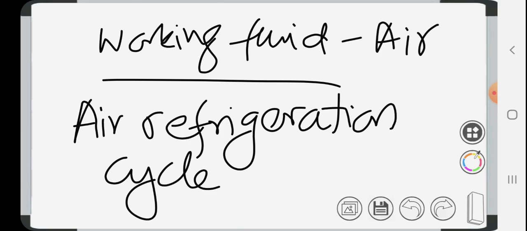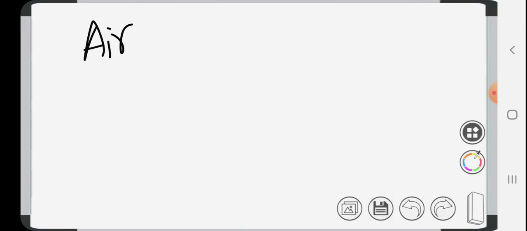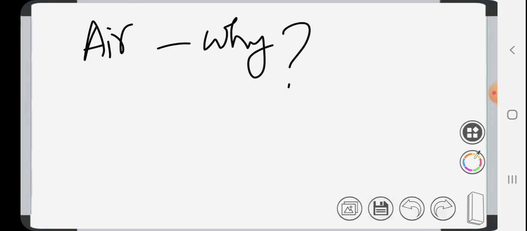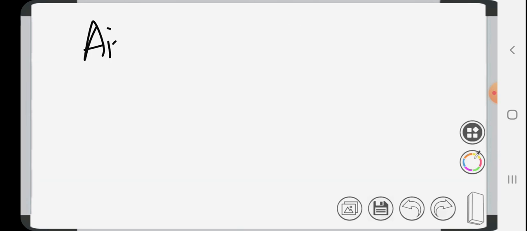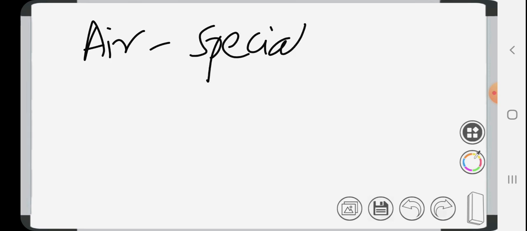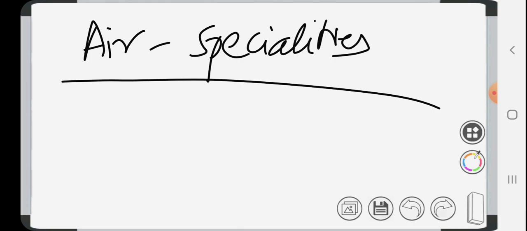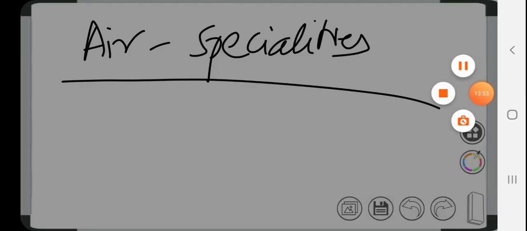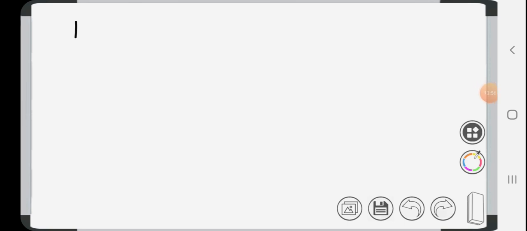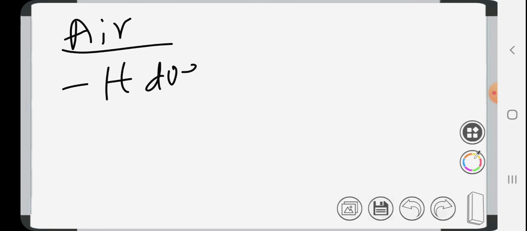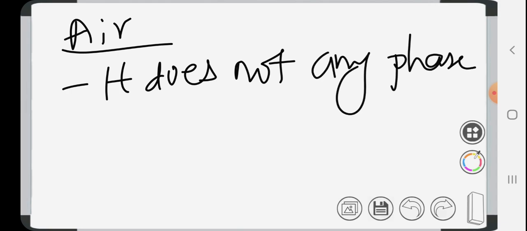Okay. So what are the specialties of air? Air does not undergo any phase change.